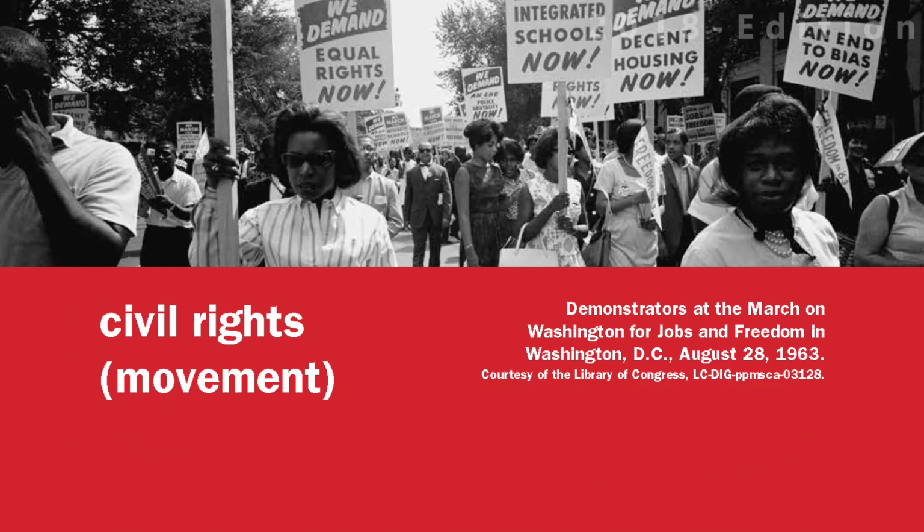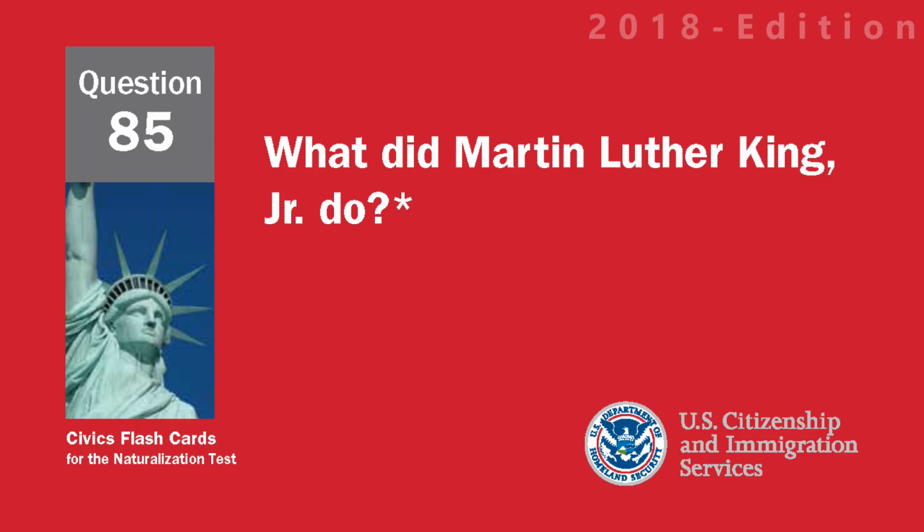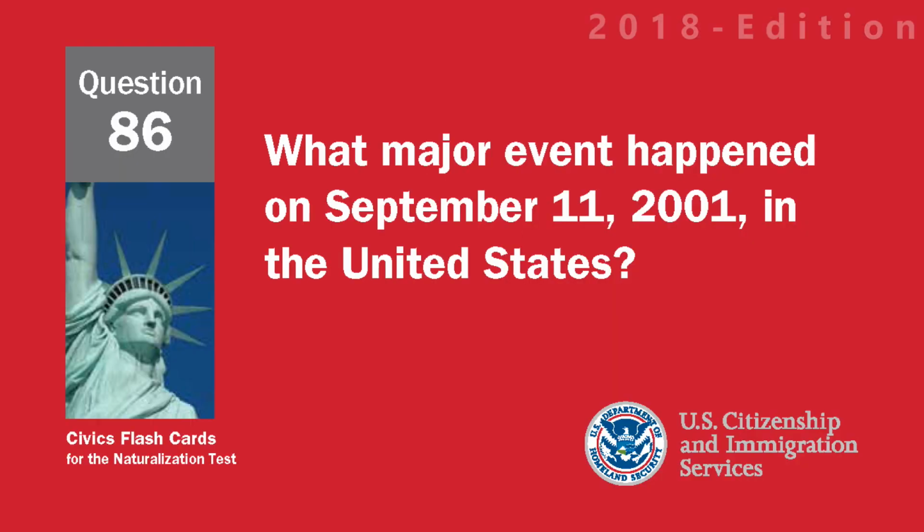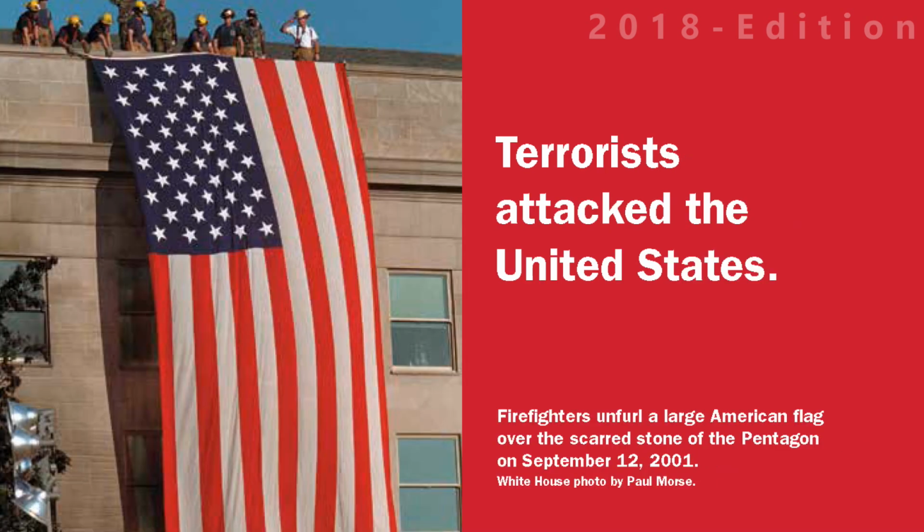Civil Rights Movement. What did Martin Luther King Jr. do? Fought for civil rights. Worked for equality for all Americans. What major event happened on September 11, 2001 in the United States? Terrorists attacked the United States.